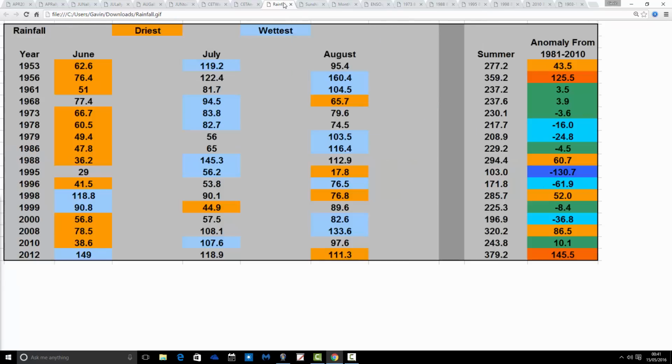What about rainfall? We can do the same idea for rainfall. James again has sent through this chart showing the driest and the wettest months, what they are on average through these 17 summers. So on average, you see that June is often coming out as the driest month.